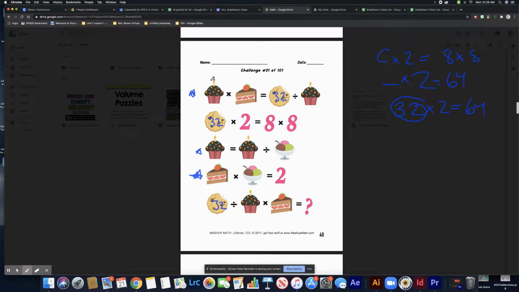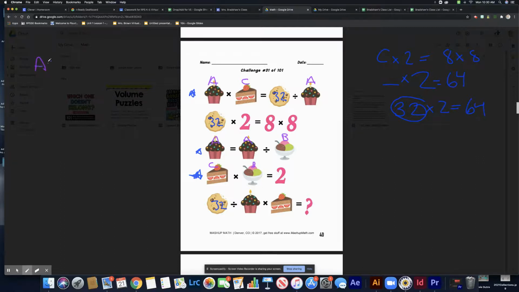So I'm going to say that this is going to be A, this is going to be C for cake, and then this would be A because I labeled this one A, and I'm going to say that this one is B, and this one I put up there is C.